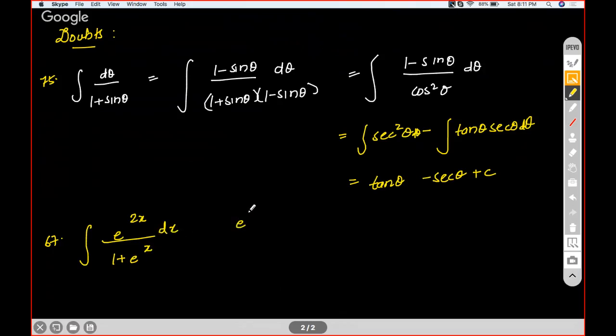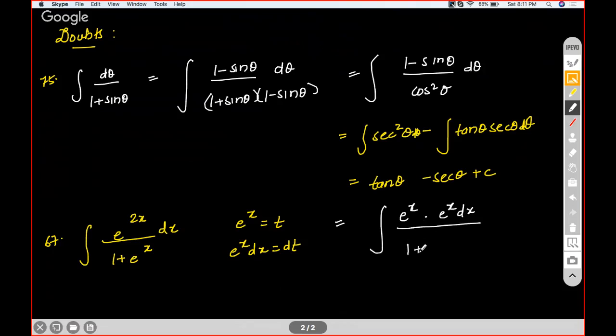Now here, e to the power x you take as t. So e to the power x dx will be your dt. You can separate this e to the power x and e to the power x dx in the numerator. This part will start behaving as dt, right? So it will become t by 1 plus t dt.